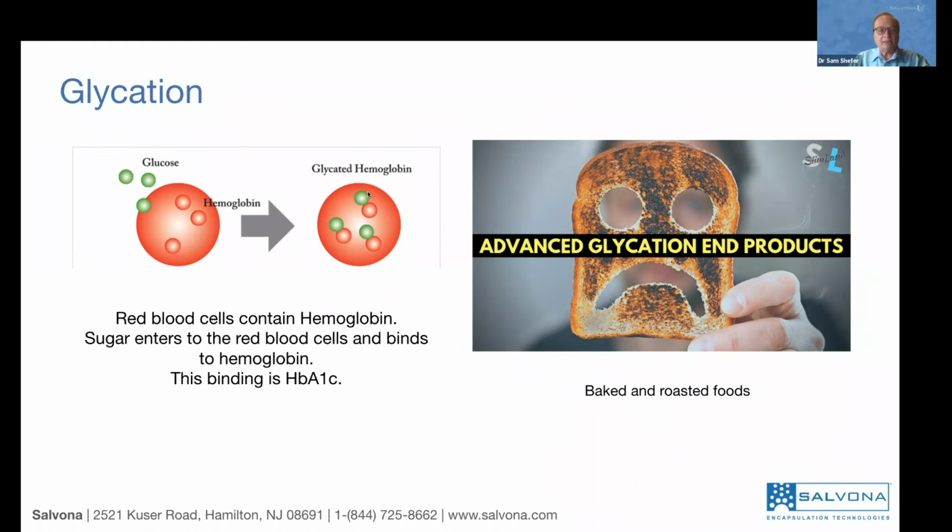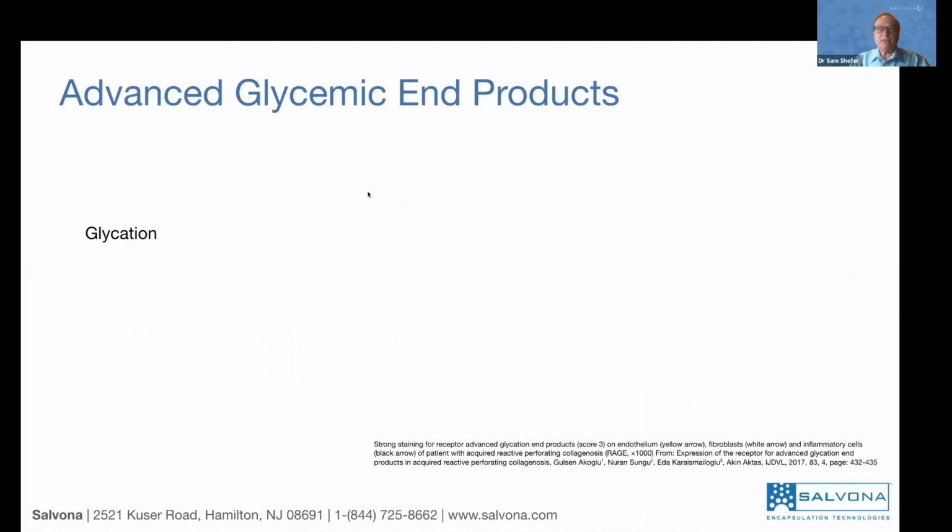The sugar reacts with hemoglobin and forms a complex called HbA1C, for hemoglobin A1C. So this is a measurement of the amount of sugar in the blood. What does all this have to do with us? So let's come back. Glycation is a process of reacting sugars with protein. In this case, it's collagen or elastin.